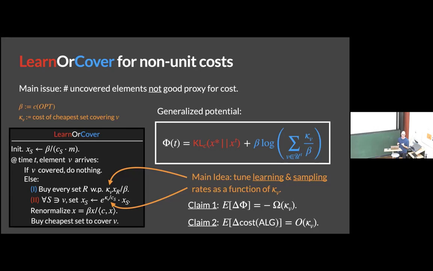We've made it much more gradual in such a way that the expected cost of sampling is something like kappa v. So we'll get 2 kappa v in the expected cost. And simultaneously, we've tuned the potential to match this. So we get that the change in potential is roughly the negative change in the cost of the algorithm. And then a similar analysis to before will let us claim the bounds that we claim.